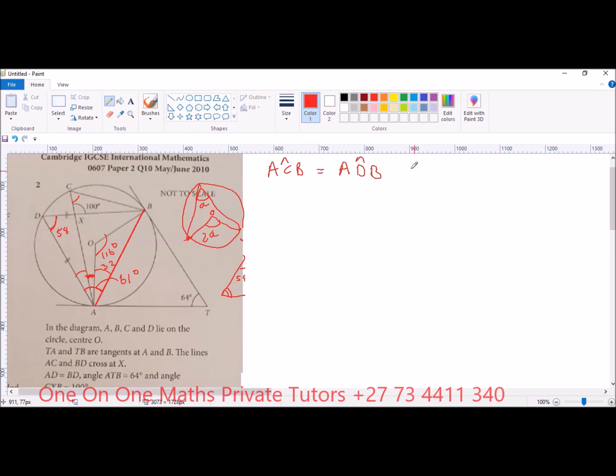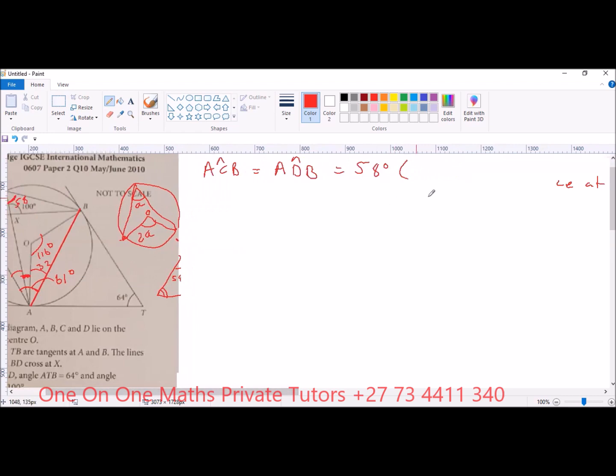These angles are equal, which is 58 degrees. Reason: this angle, which is 58, we know it, is equal to that angle. So this is 58. Why do we say that? There must be a reason. Angles subtending the same arc.